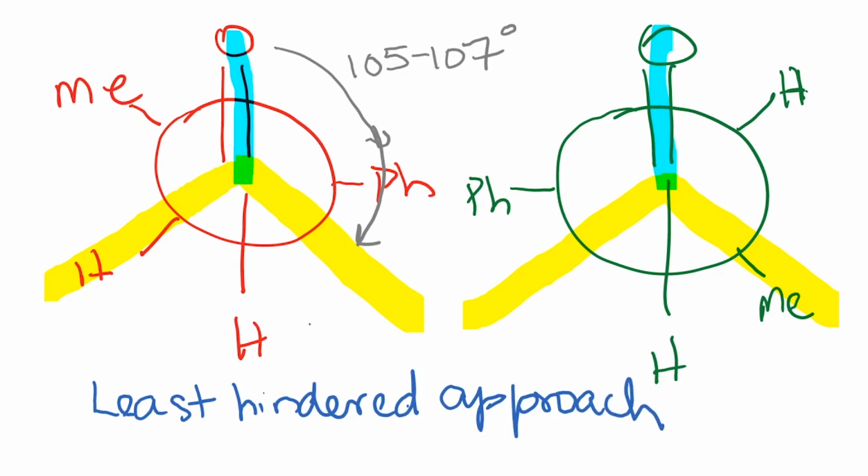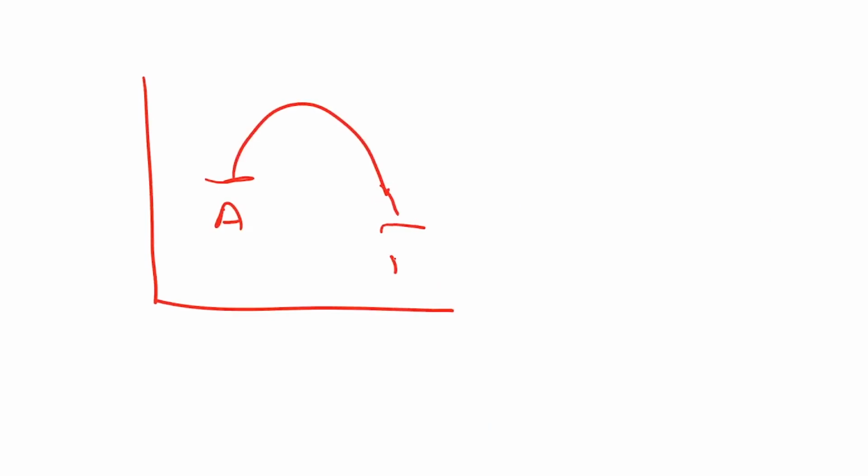Okay, so just to put this in perspective, let's look at the reaction profile. Let's say A goes to B, right? Now, here is the transition state. Okay, so energy, reaction coordinate. So let's say I go now and make another analog, A1, or A2.